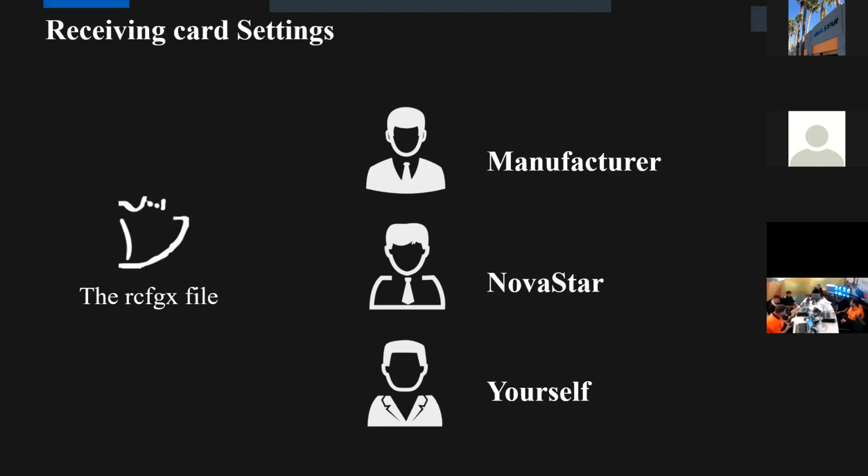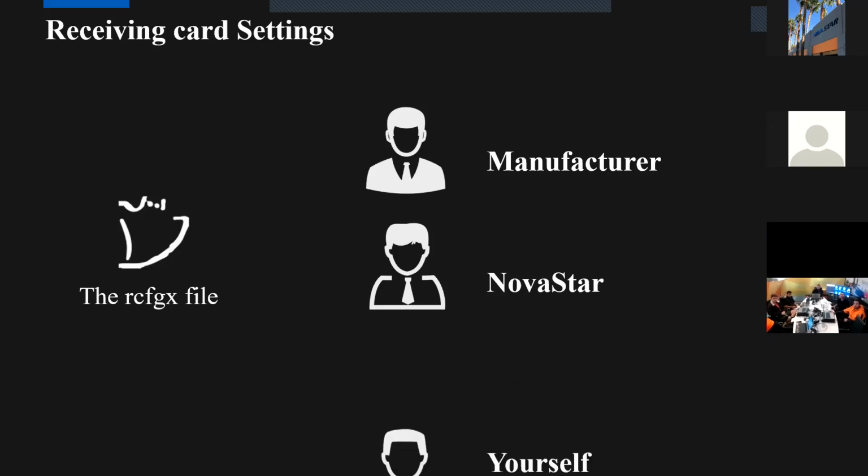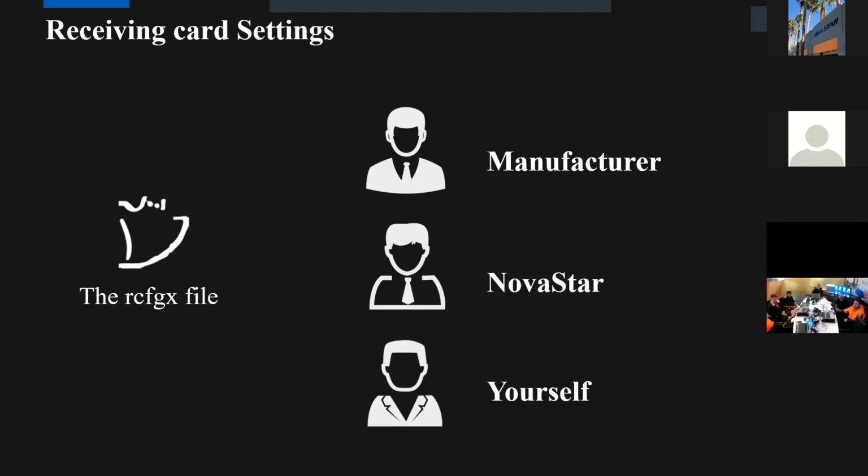All right. The last one is by yourself. I think it still takes time to make the configuration. But for today's topic, we are not going to tell you the details about how you can make the RCFGX files by yourself.